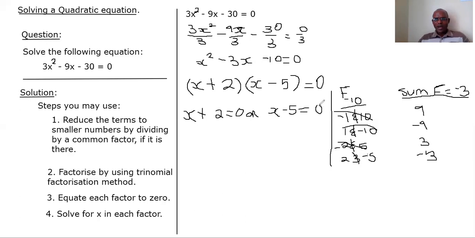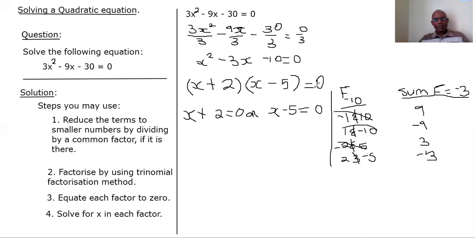Right, why are we equating each factor to 0? In order for us to get this 0 here, it means it's either the first bracket is 0, and 0 multiplied by the second bracket will give us 0, right? Or if the second bracket is equal to 0, then x plus 2 multiplied by 0 will also give us 0.